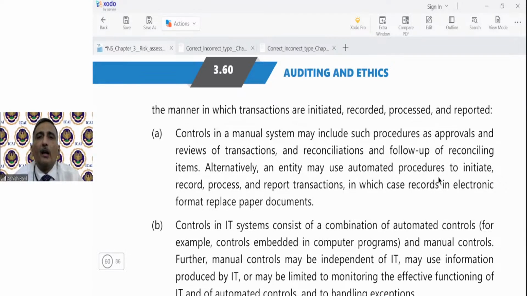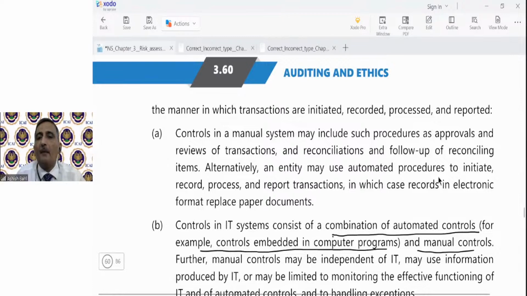Okay, because to run any business, human intervention is needed. So therefore, it usually happens that controls consist of a combination of automated controls plus manual controls. Okay, so controls in IT system consist of a combination of automated controls, like controls embedded in computer programs, and manual controls.